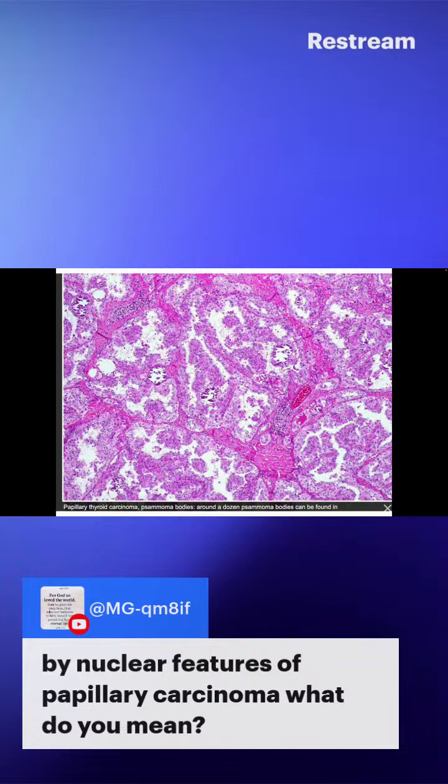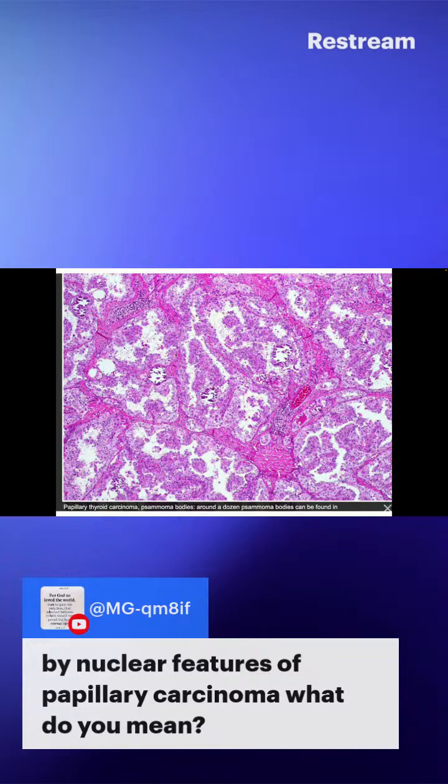So what does papillary actually mean? These projections are papillary shaped, and they have a vascular core in between. If you can see here, the vascular cores. And what you can see here, which they always mention, but it's not very specific for papillary thyroid carcinoma, but it's nice.